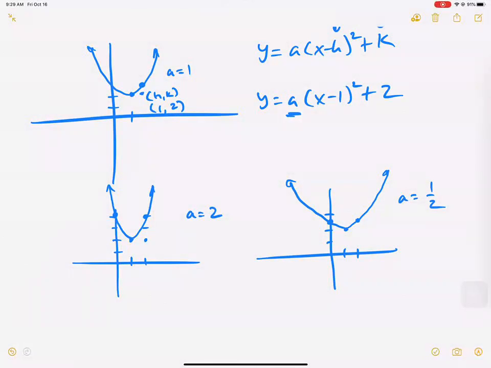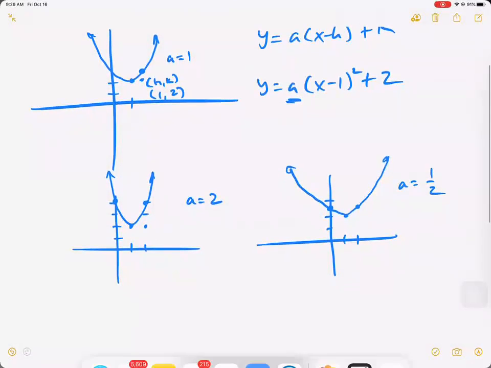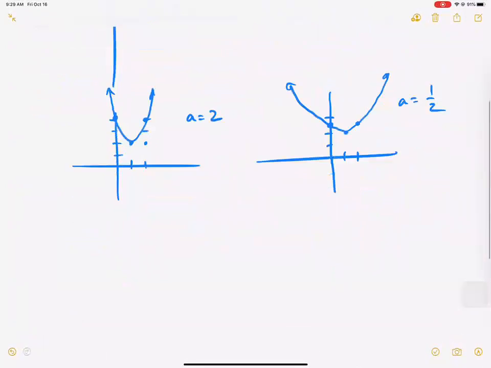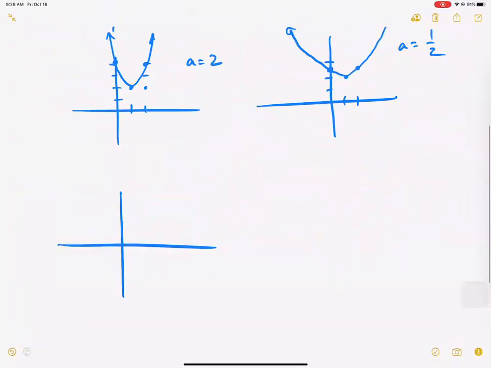Okay. So I'm going to give you guys a graph here, and you tell me what the equation is going to be. Please write down the equation in vertex form of this parabola here.